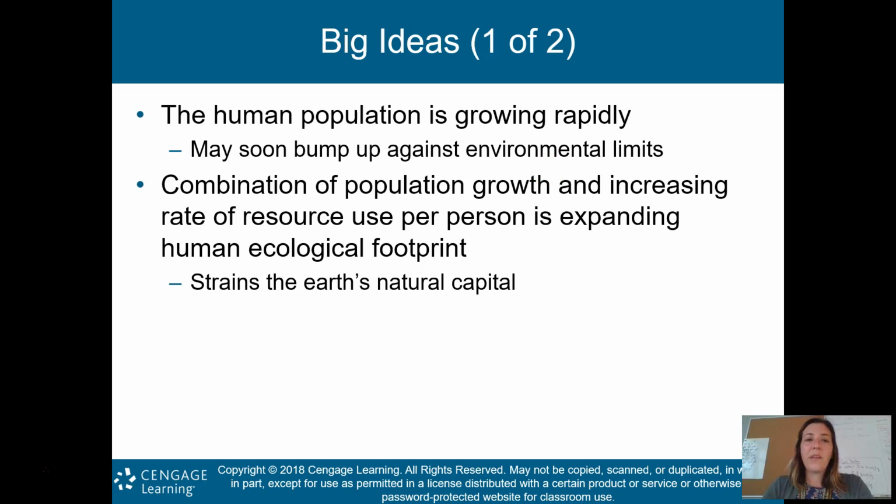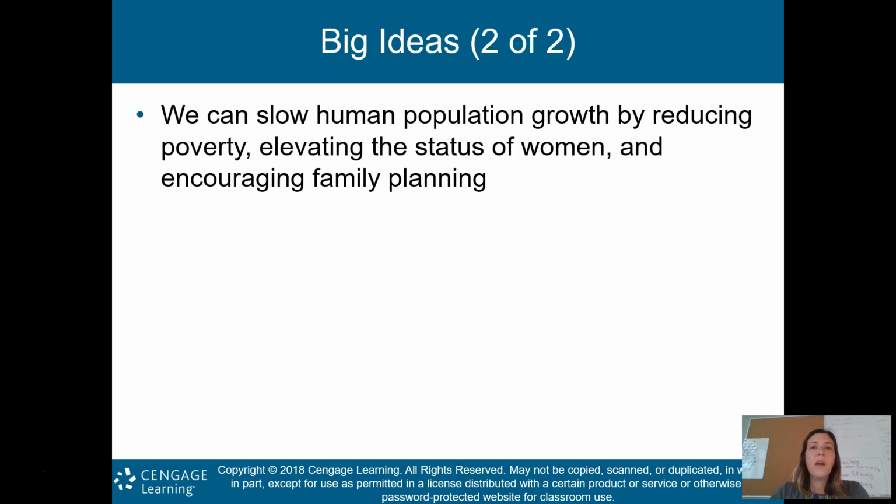A combination of population growth and increasing resource use, or increasing the human ecological footprint, is straining Earth's natural capital, or the resources that we rely on and all those ecosystem services. And the last big idea is that we can slow human population growth if we reduce poverty, if we elevate women, and if we encourage family planning.